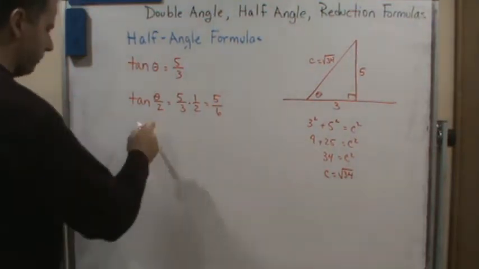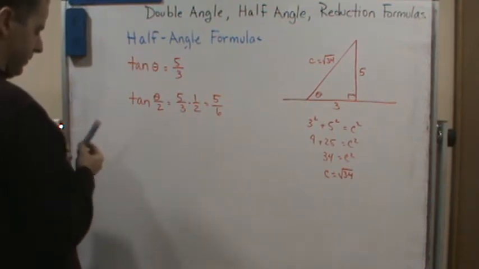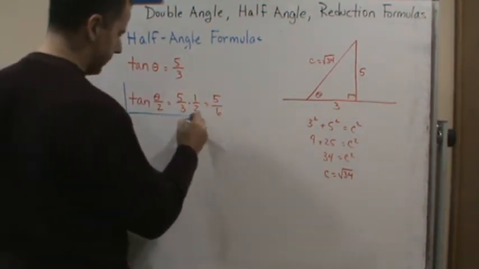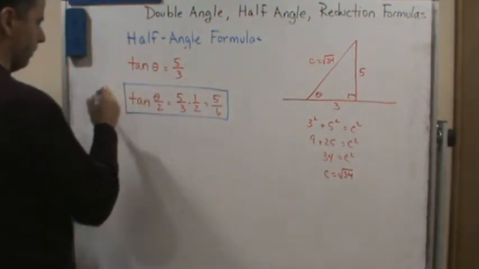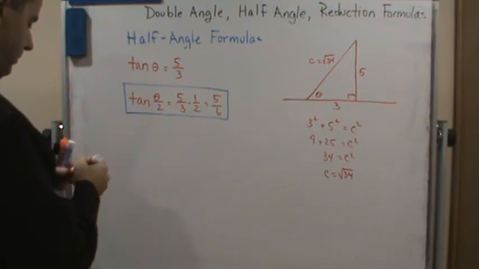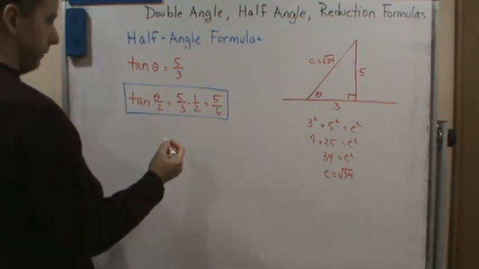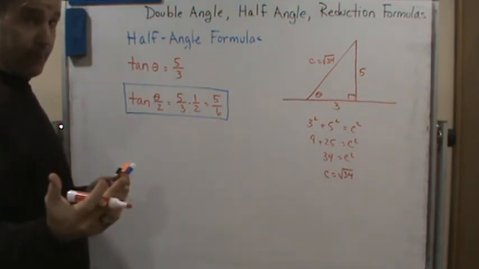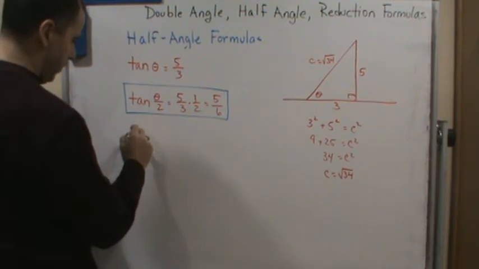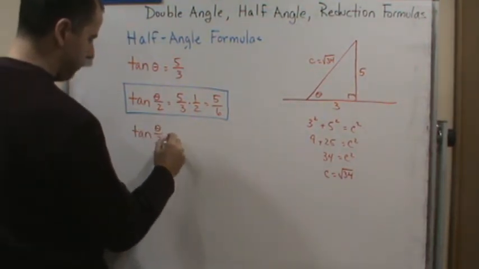So this is my guess based on my reasoning. Let's see if this is correct. We'll see. It might not be correct. But we're going to use the definition now. So let's say tangent theta over 2 is equal to what?